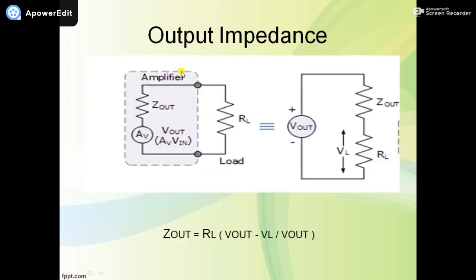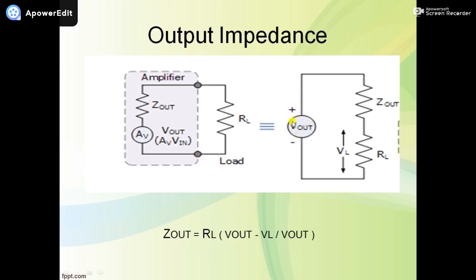Similarly, in the case of output impedance, again we have to use the multimeter. From the multimeter, you can directly measure the output impedance by using these 2 connection points. Here also same thing. This is your Vout, output voltage.